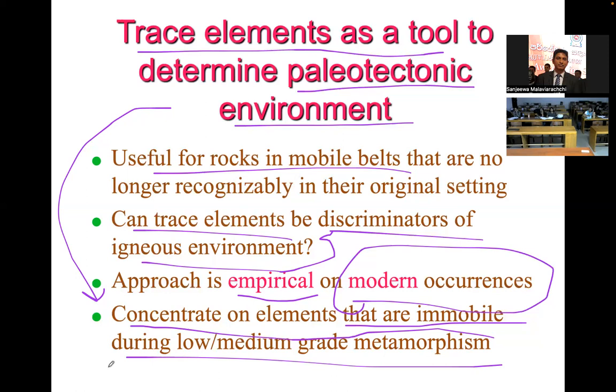Okay, so anyway, for low to medium grade rocks, this is okay without any doubt. For granulite phases we also do the same, but maybe we have to put more assumptions in such cases. But anyway, we use these trace element behaviors to determine paleotectonic environments.